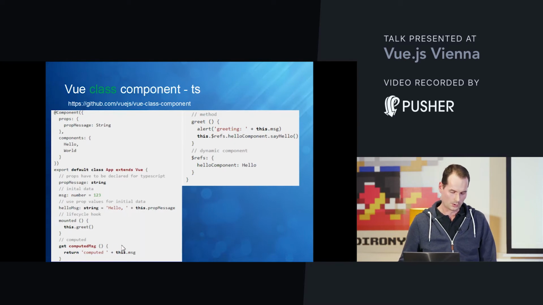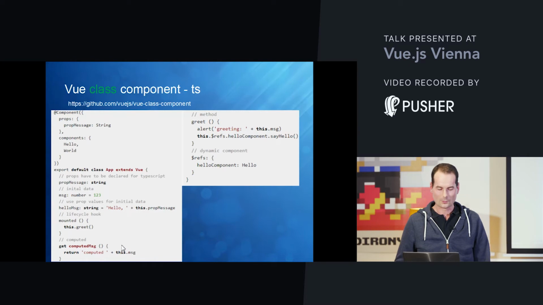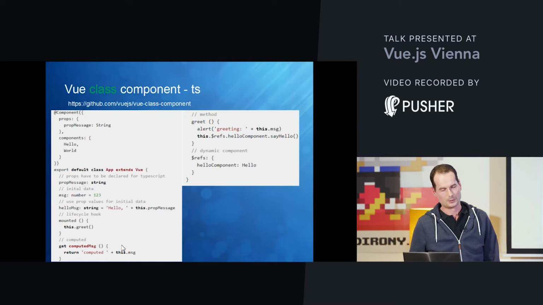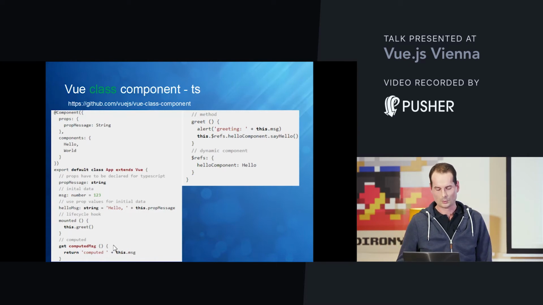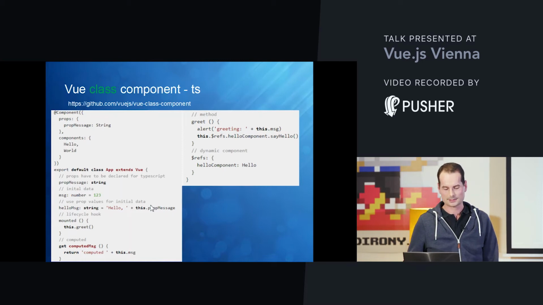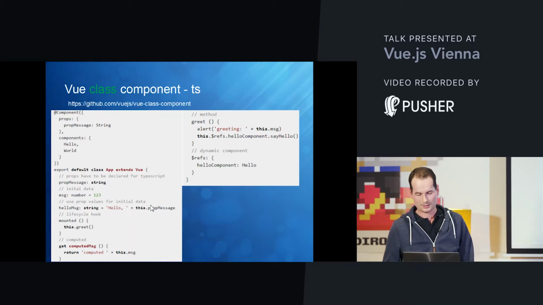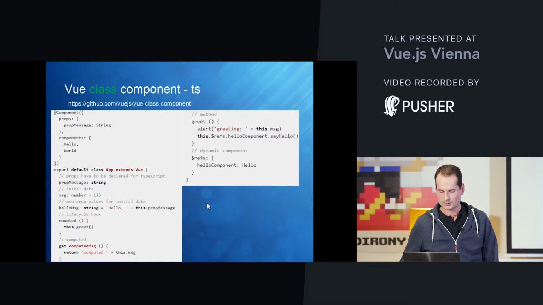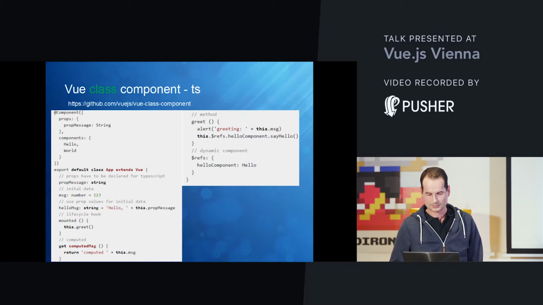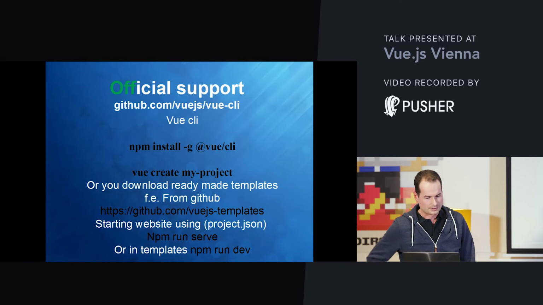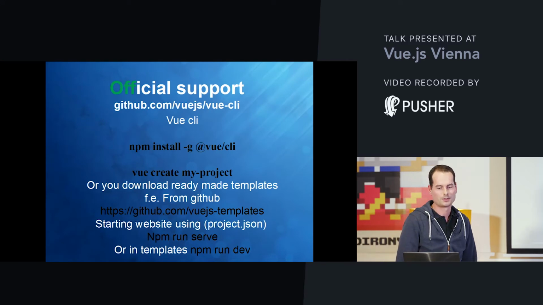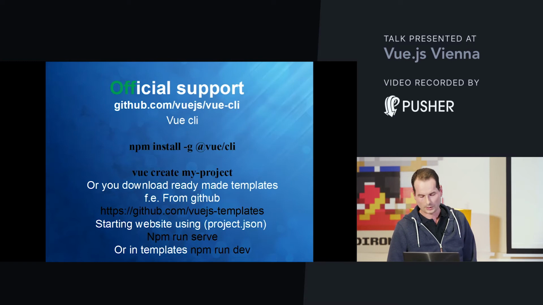It will automatically create the slot with the computed properties for you. It's quite handy. If you like to write less and produce more, this is what vue-class-component is doing for you out of the box. So now there is official support for TypeScript in Vue CLI.